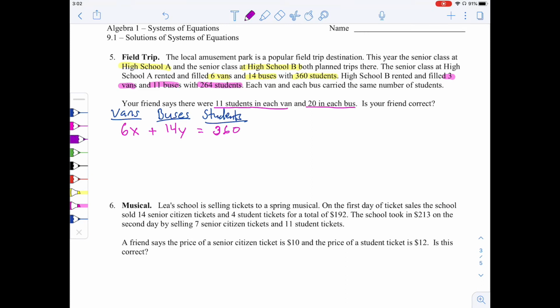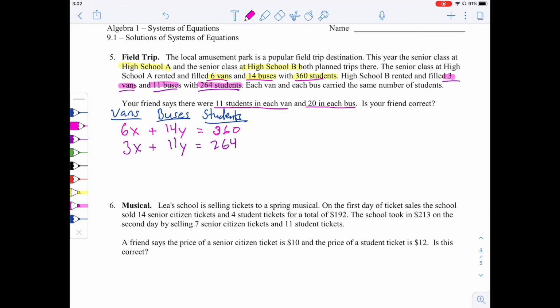Then we go to our next one: 3 vans, 3x, plus 11 buses, 11y, equals 264 students. So we put it in our categories, and now we have a system of equations.